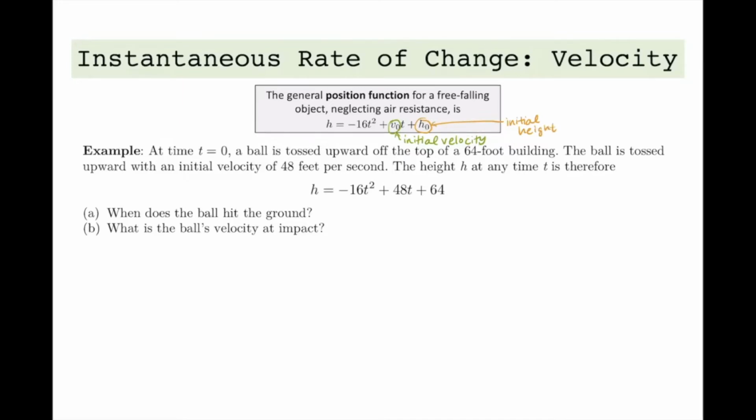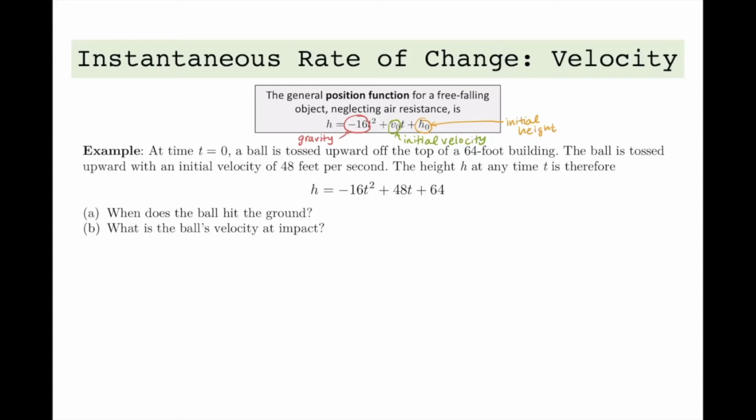If you plug a 0 in for t, then both of these terms go away and you just get this constant term. So that means that at t equals 0, your initial height, or the starting height, has to be this number here. The negative 16 has to do with a constant acceleration, which is due to gravity.